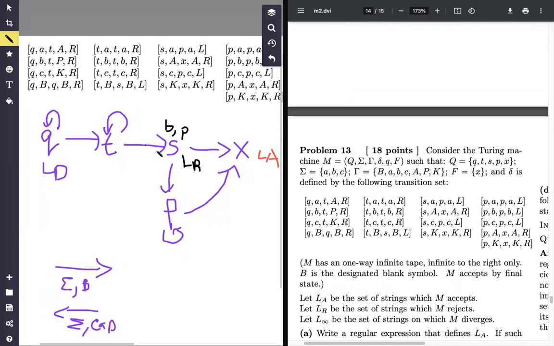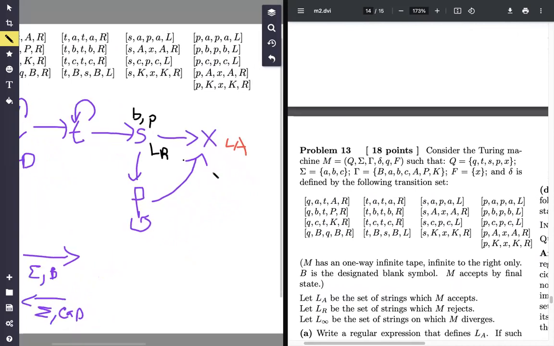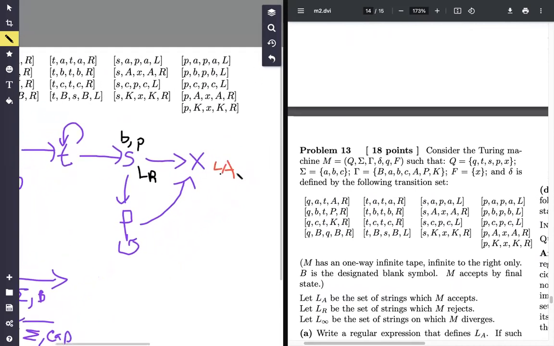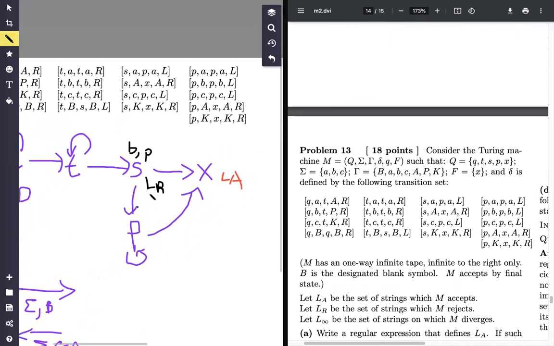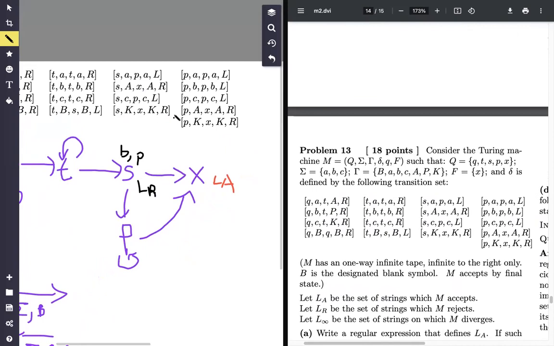Okay, we're in state X. But X is L accept, so we don't have to worry about rejecting there because we accept there. And now in P. Can we enter state P through a left? Right.